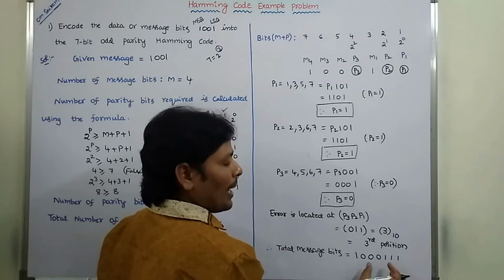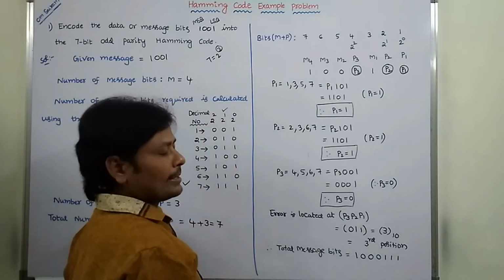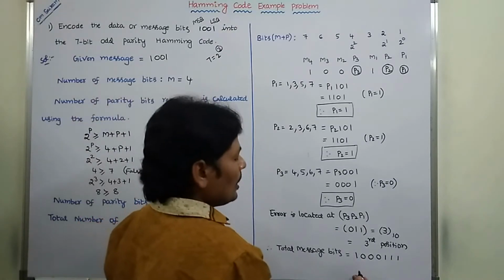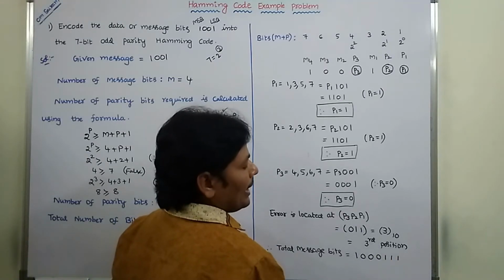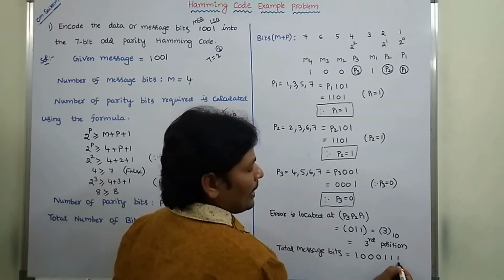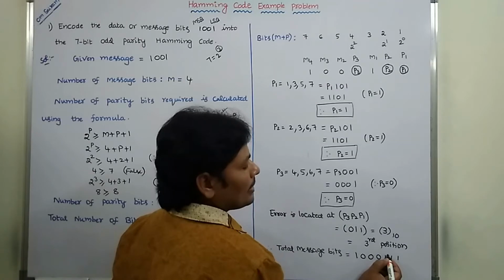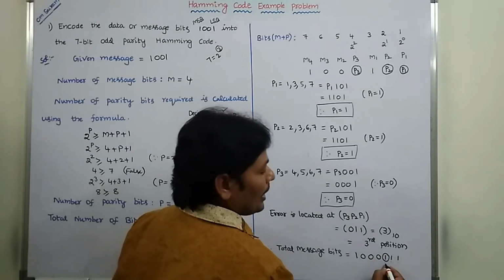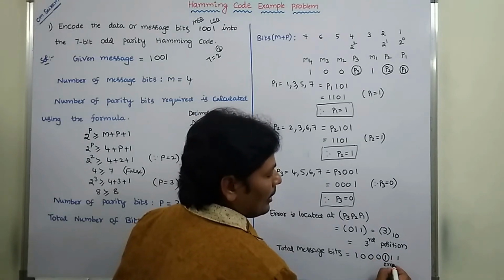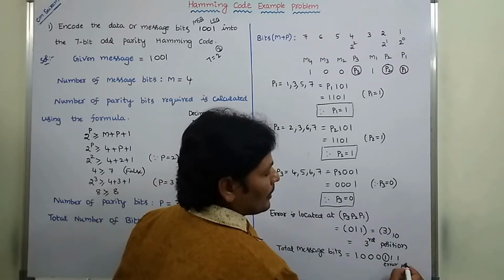This is the parity bits and message bits combined. Now the error is located at the third position: first position, second position, third position. So this is the error position.